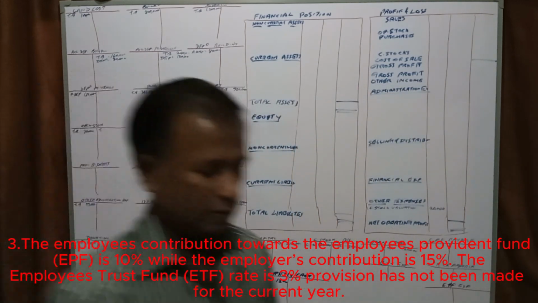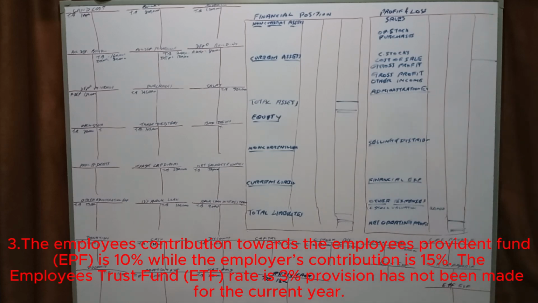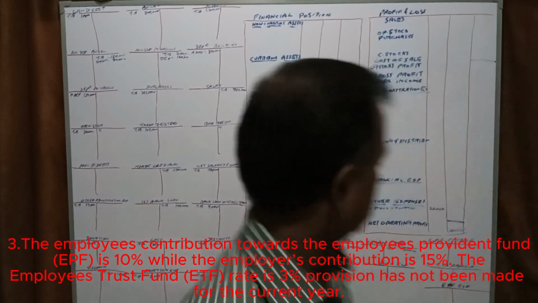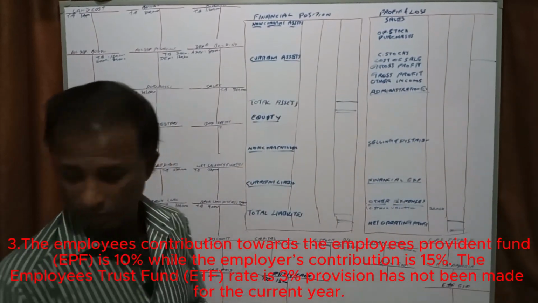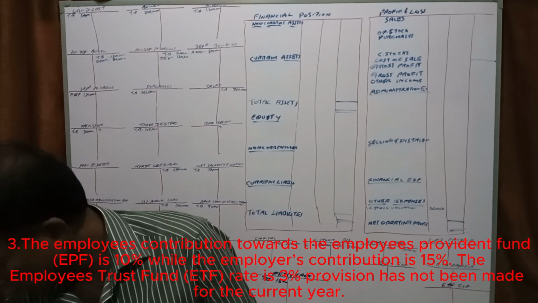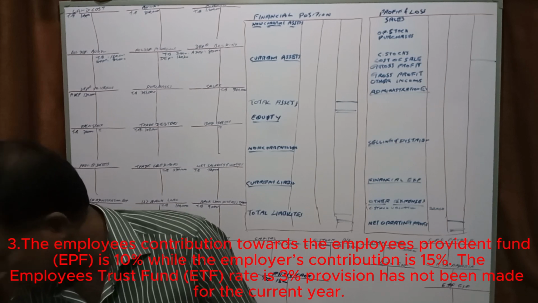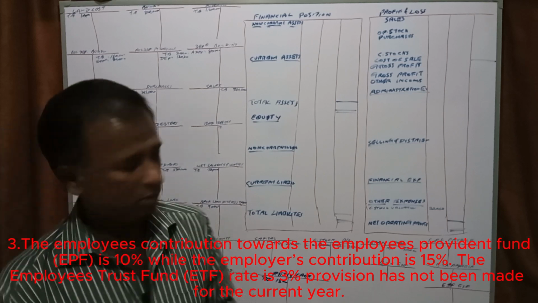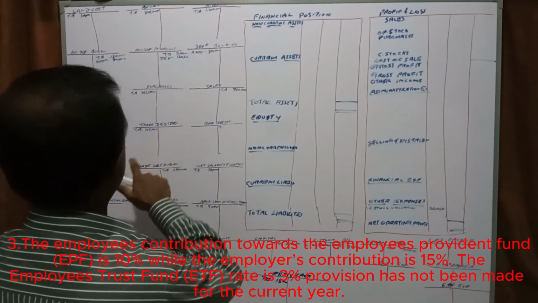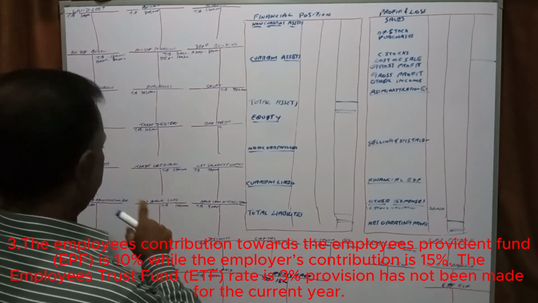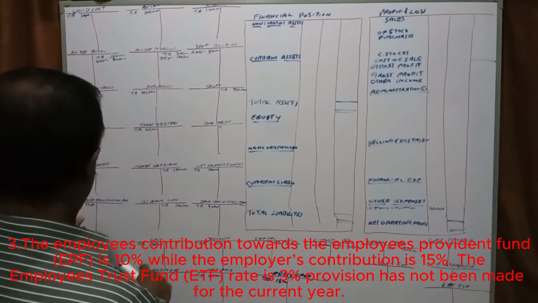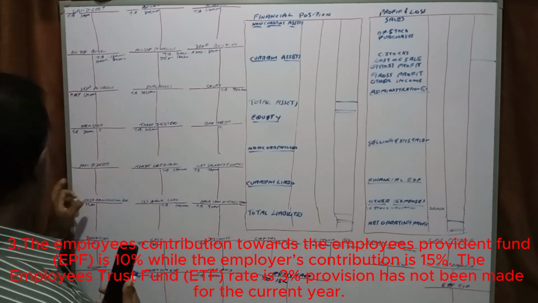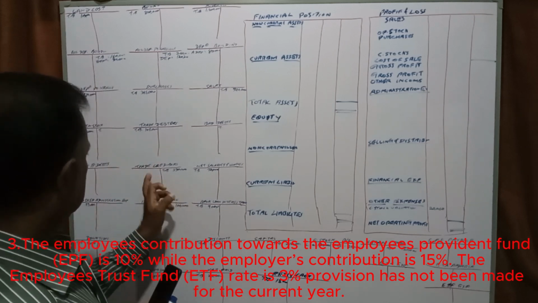So wait a minute. This is 15% employer's contribution and 10% on the provident fund. They have mentioned the salaries and wages as net salaries.